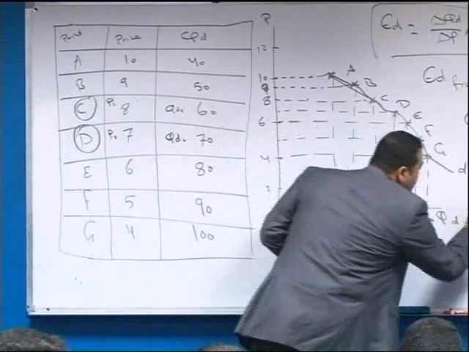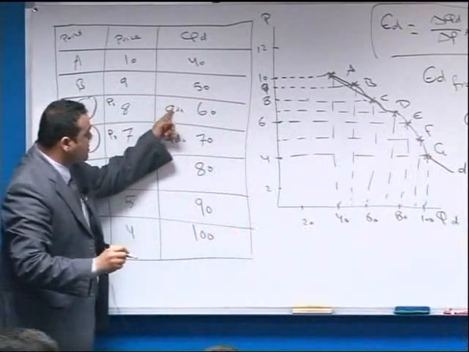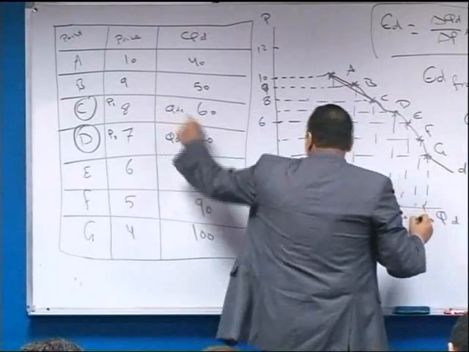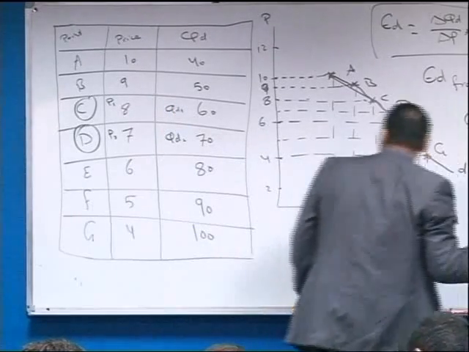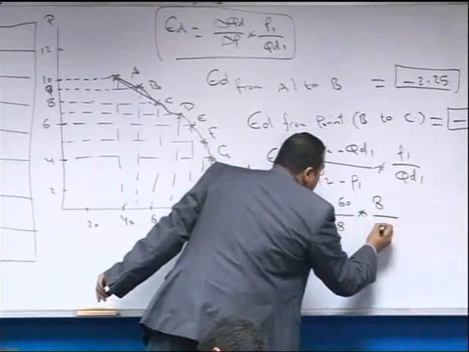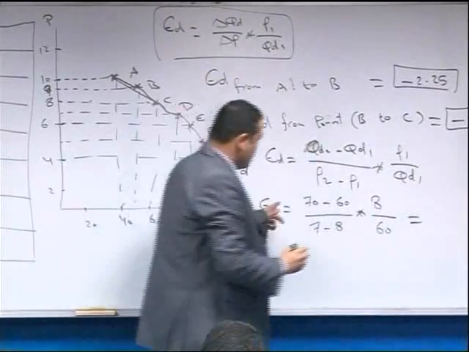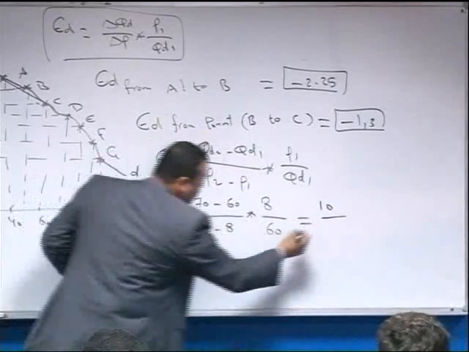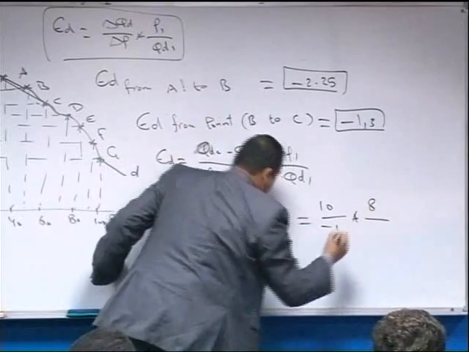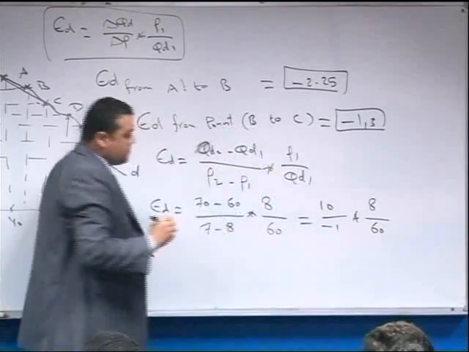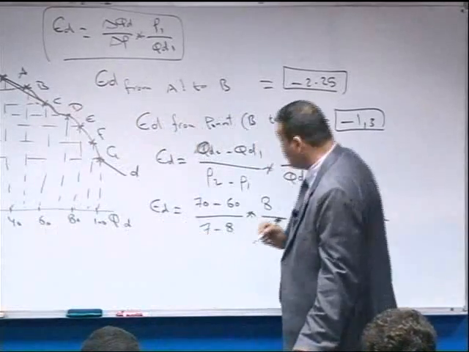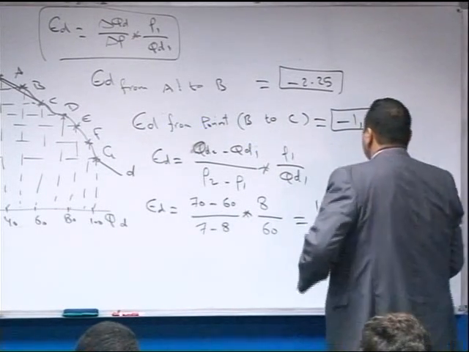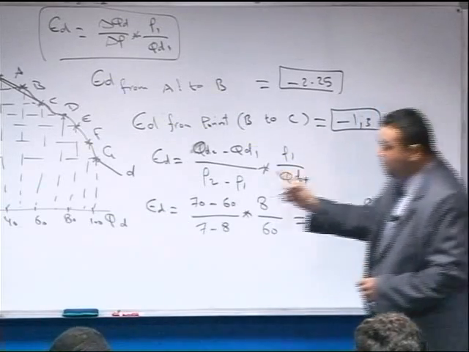So ED equals 70 minus 60 over 7 minus 8 times 8 over 60, which equals 10 over minus 1 times 8 over 60, which equals minus 1.3. This is from C to D.